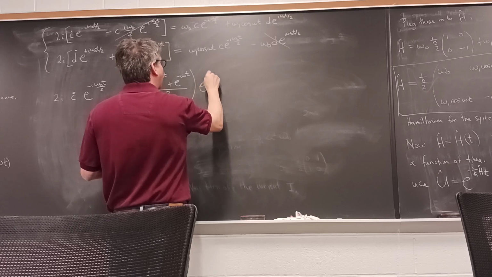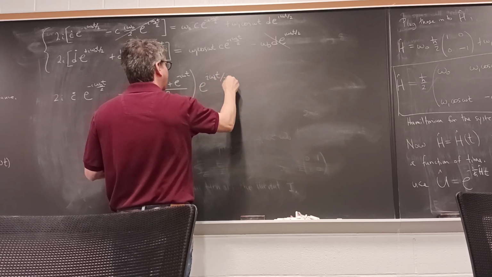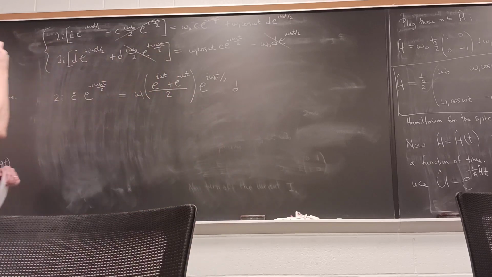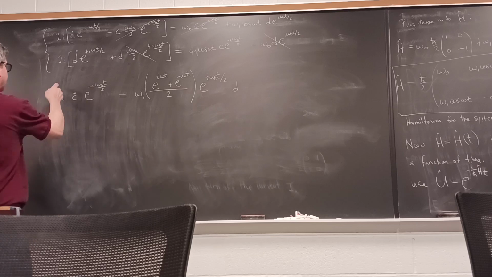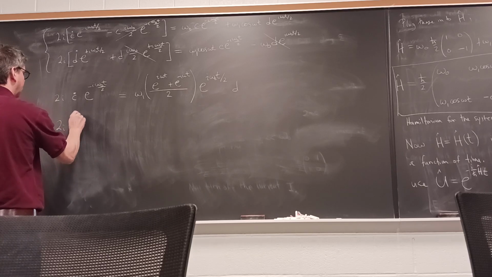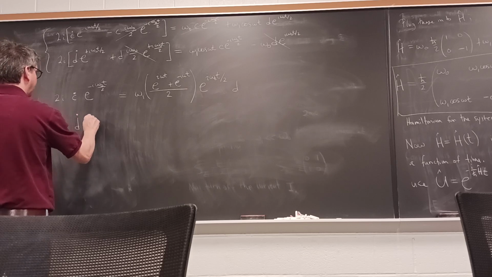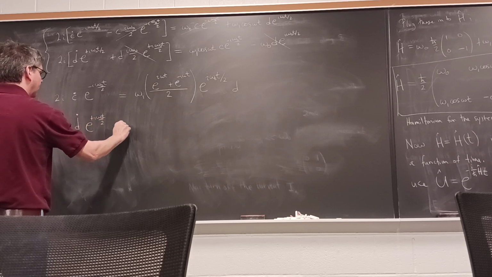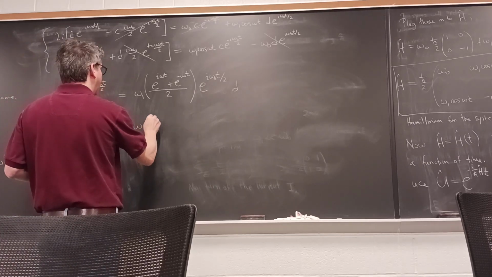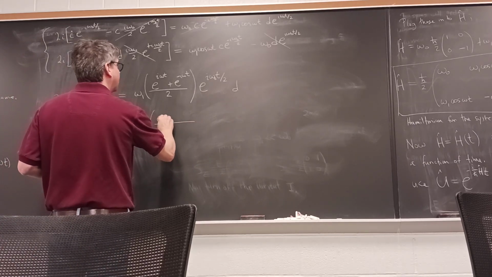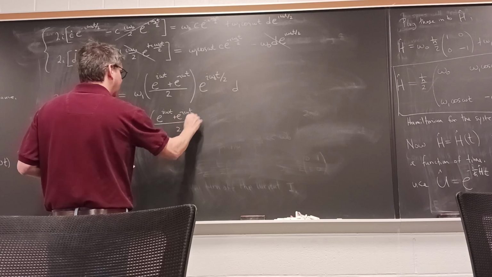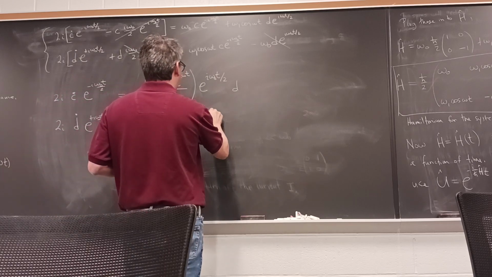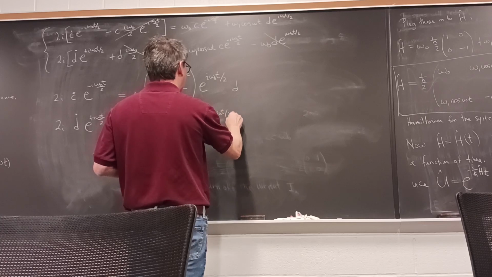Times e to the i omega 0 t over 2 times D. The second equation will be 2i D dot e to the plus i omega 0 t over 2, and that will be equal to omega 1, and we'll again write the cosine, e to the i omega t plus e to the minus i omega t over 2, times e to the minus i omega naught t over 2 times C.